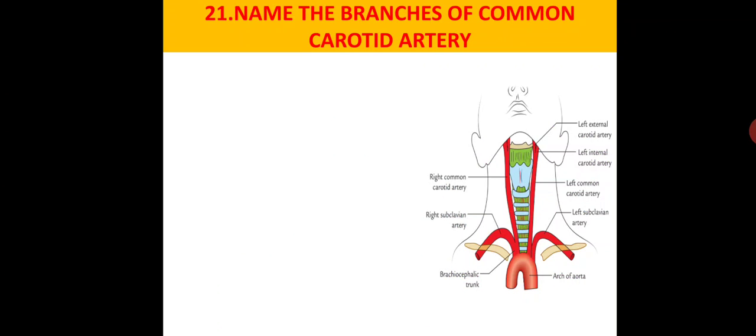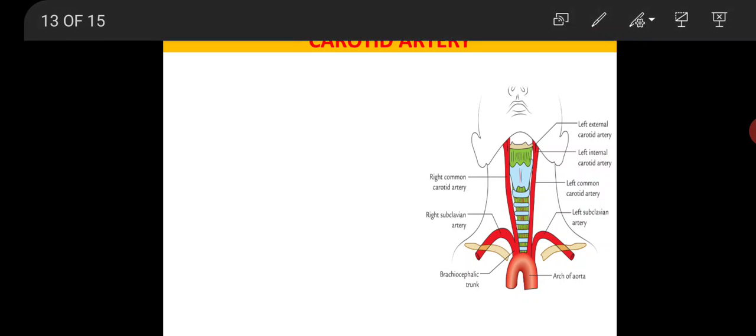Next is the question: branches of the common carotid artery. Here in this image you can see the arch of aorta. The arch of aorta has 3 branches: brachiocephalic trunk, then left common carotid artery and the left subclavian artery. The brachiocephalic trunk again divides into right subclavian and right common carotid.